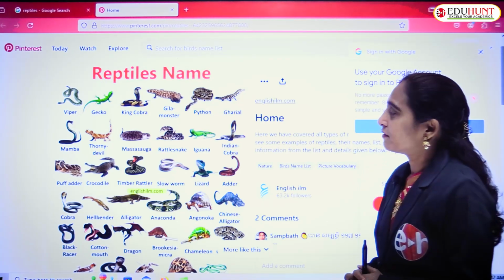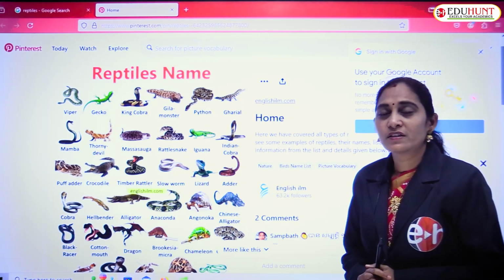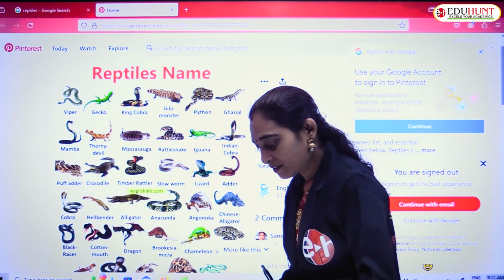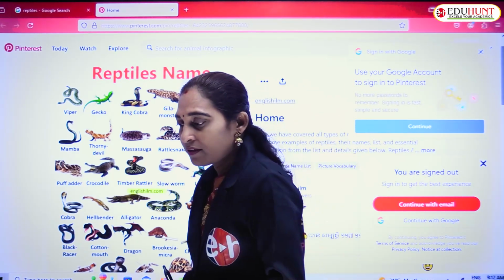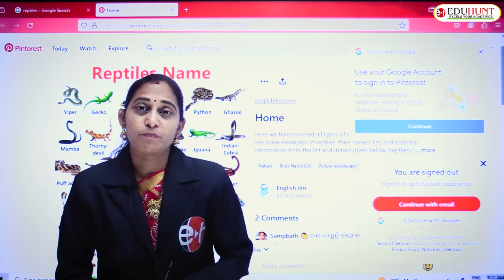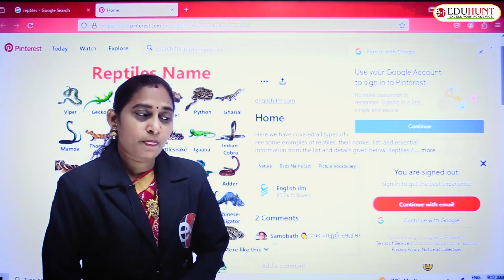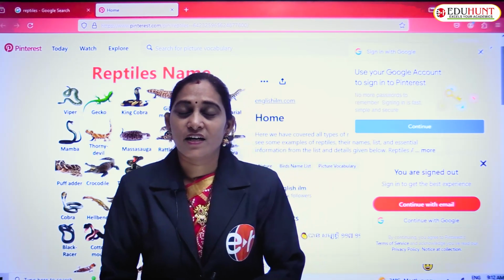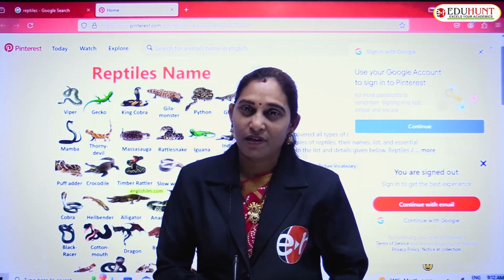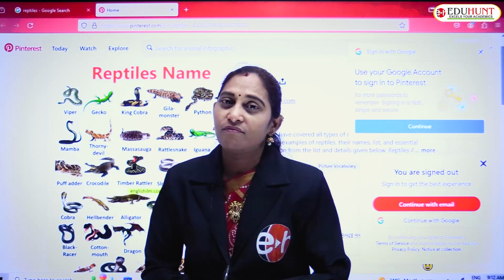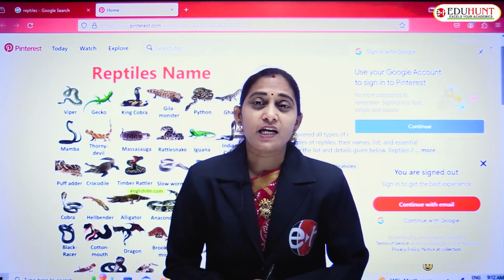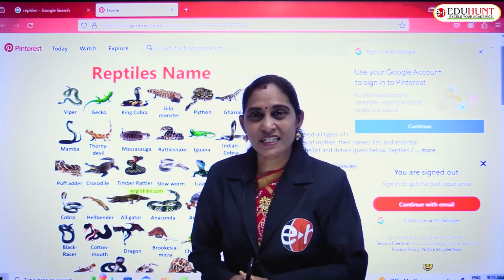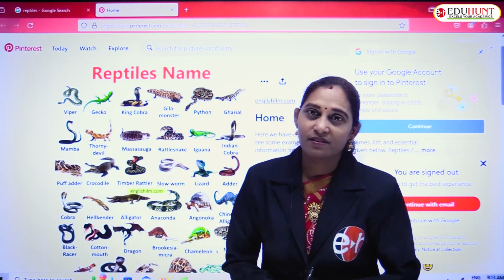Reptiles are well adapted to survive in the terrestrial environment, and the common examples of reptiles are lizards. In our house we have lizards, they are reptiles. And we see snakes, they are reptiles.